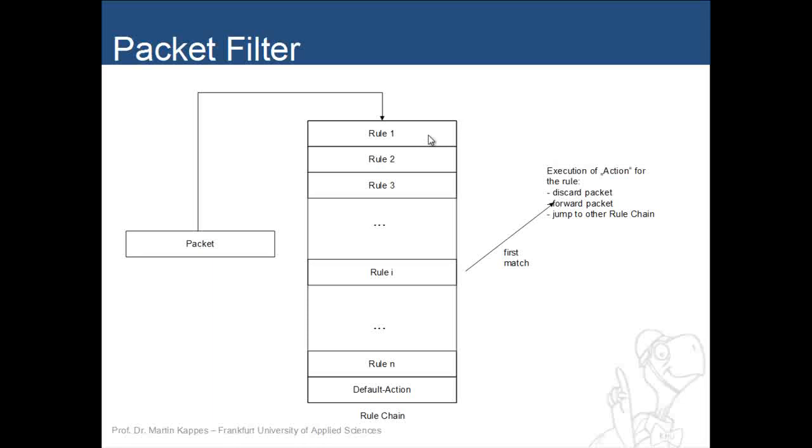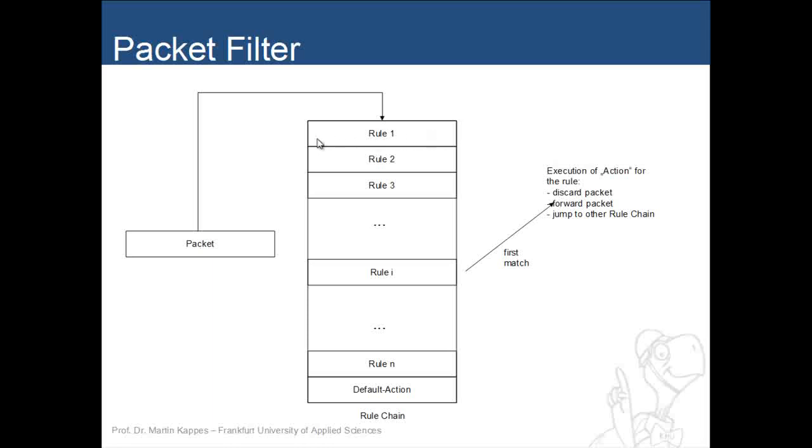We're going to look into this in practice for Linux. So again, a rule consists of features a packet may or may not have, and if the specified features in the rule apply to the packet, then the action for that rule is executed.